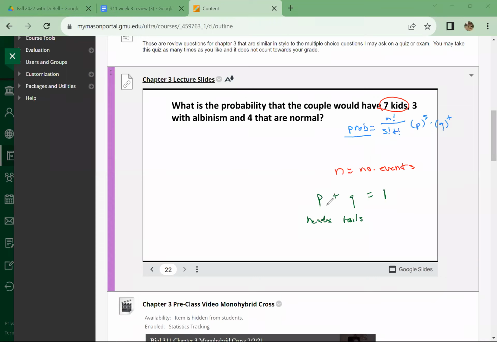The probability of one event happening plus the probability of its opposite happening equals 1. It will happen all of the time when you add them together. So if P is the probability of a specific event happening and Q is the probability of its opposite happening, we can look at that within the question. What are the 2 possibilities that could come from this event?